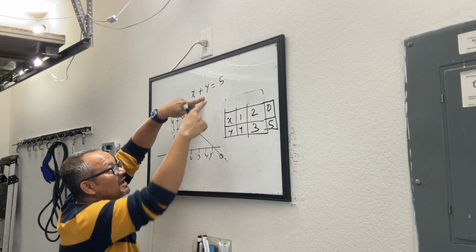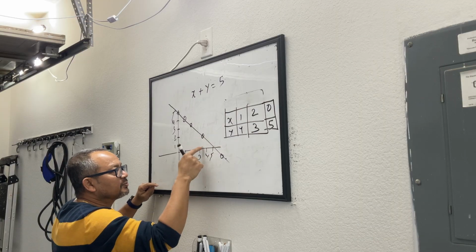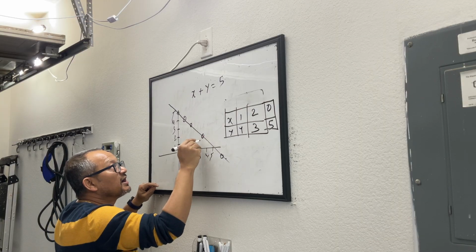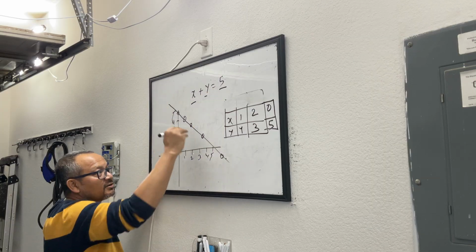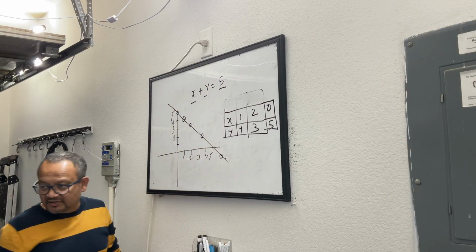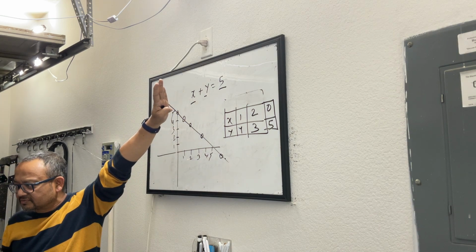That x and y value will add up to become 5. If you pick this point, it will also have some x and y value. Add up the x and y value, it will get you 5. So every point on this line is satisfying this equation. That is why this line is representing this equation. Does it make sense or not?